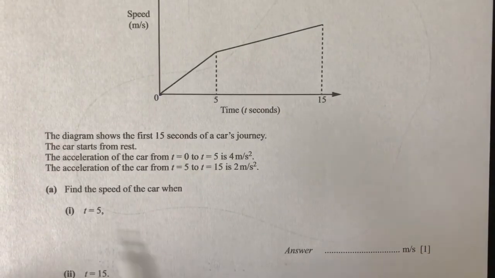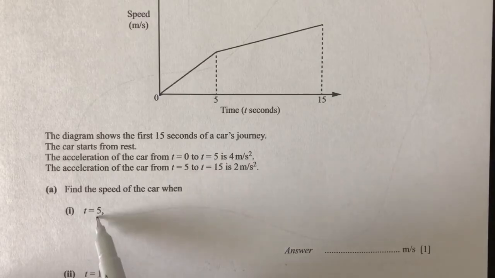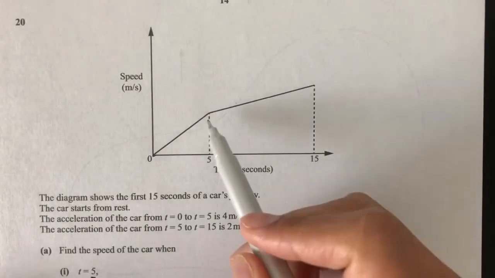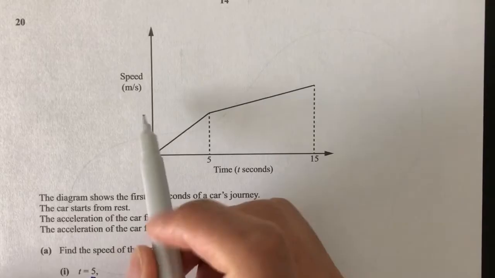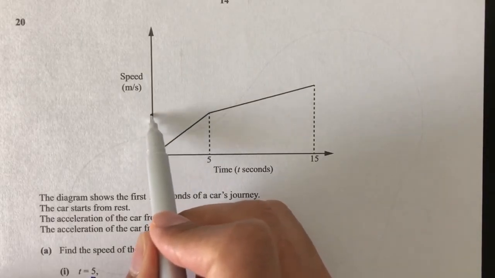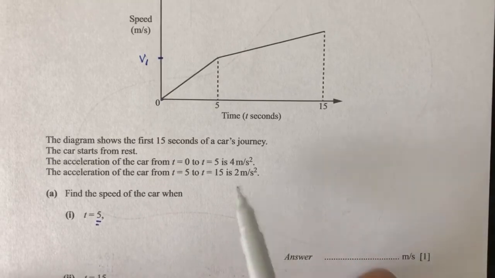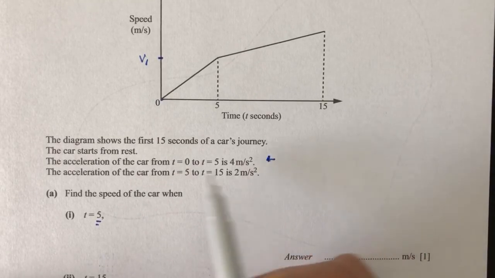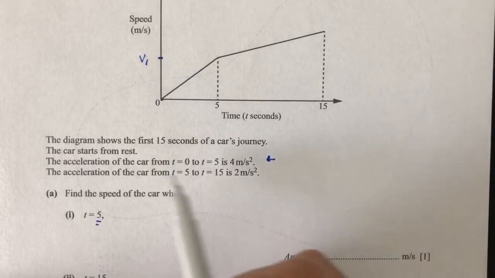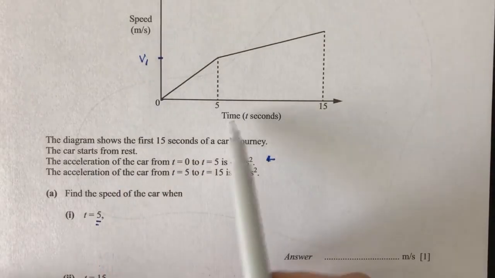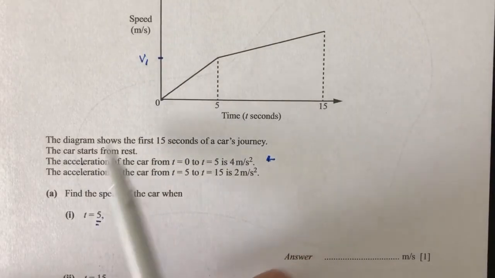Part A. Find the speed of the car when time equal to 5. So find the speed of the car at this time. Let's call it V1. So we have to first use this information to find V1. When we have a speed time graph, the acceleration is equal to the gradient.